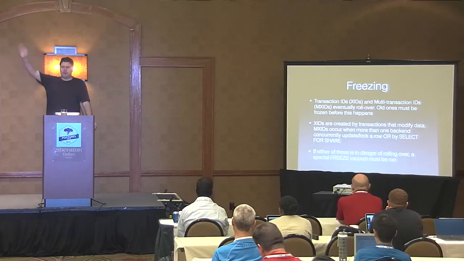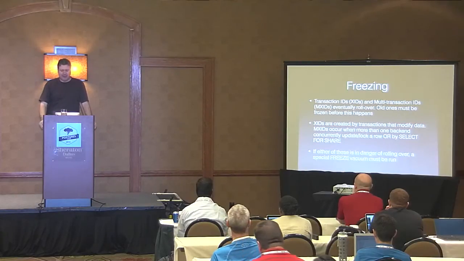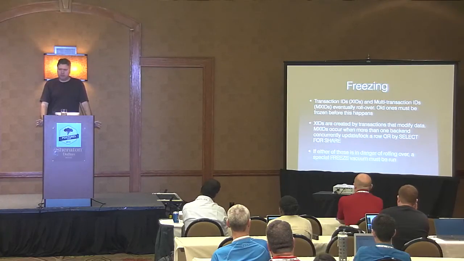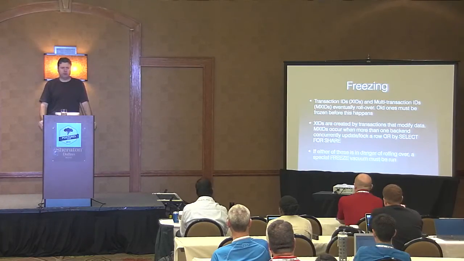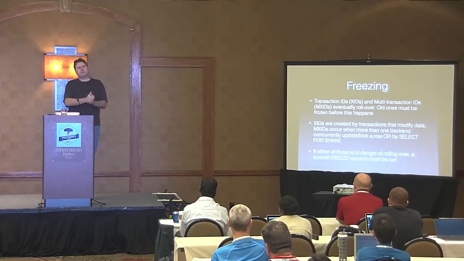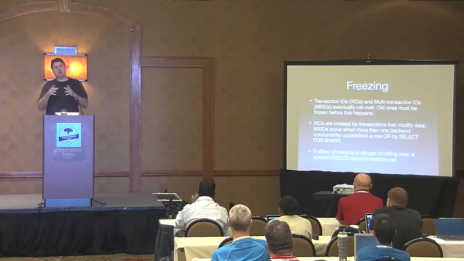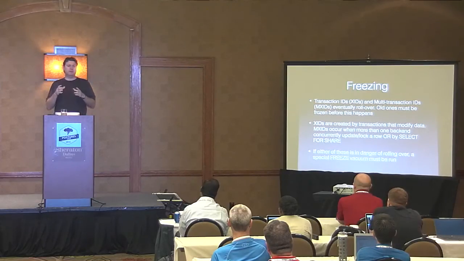Freezing. Anyone ever run into, oh, holy cow, I need to freeze my database because the transaction IDs are going to wrap around? Transaction IDs and MX IDs are simple, unsigned 32-bit integers. And the assignment of those is a counter. Because we need to handle things both in the future and in the past, in reality, the database can only effectively track 2 to the 31st, so 2 billion transactions at once.